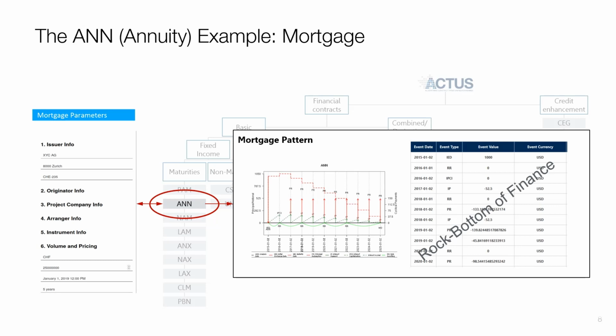These are the numbers which are always needed for transacting, trading, securitization, and analyzing the financial contracts, from simple accounting to rocket science analytics. This table is the secret behind the consistency of the ACTUS approach.